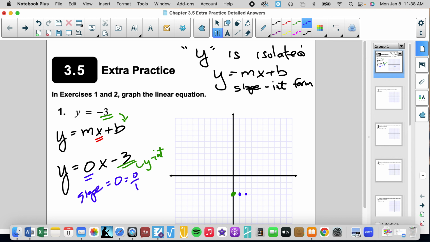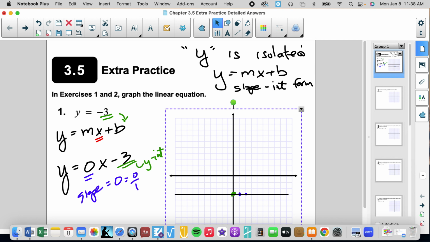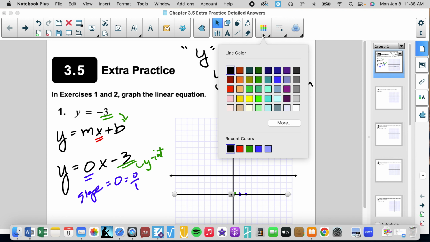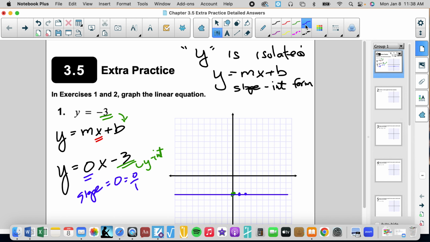And I have been able to now graph that line. Let's change the color, let's make it blue. So these are all the solutions to the equation y equals -3.